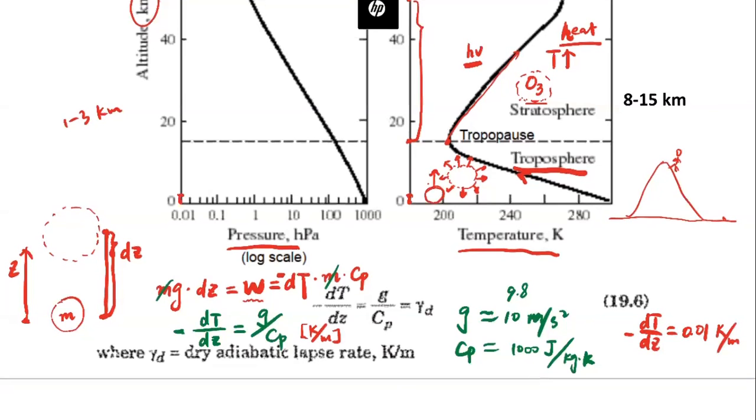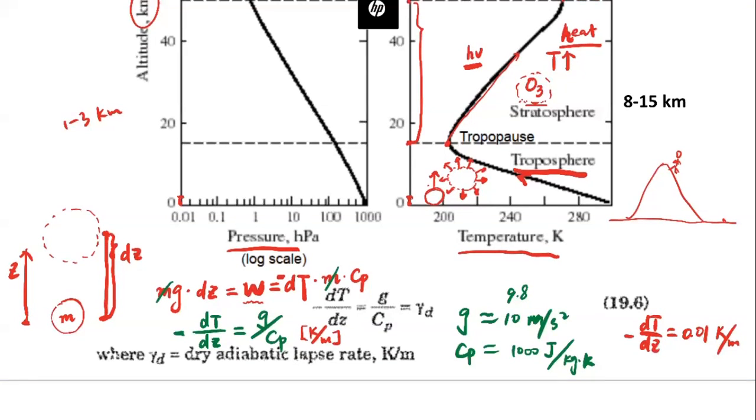So what this means is that if we raise this balloon by 1 meter, the temperature within the balloon is going to decrease by 0.01 Kelvin. 0.01 Kelvin is quite a small value, right? We cannot really feel that. But if we rise up 100 meters, you can feel that already.